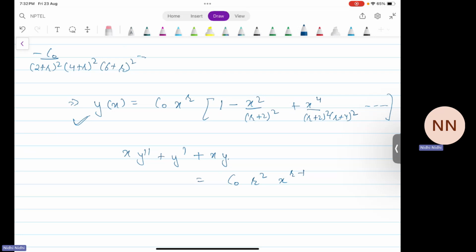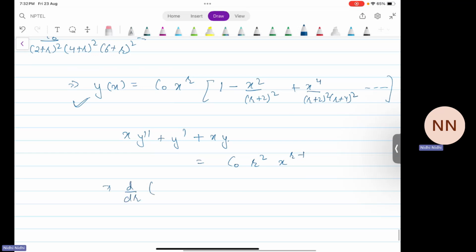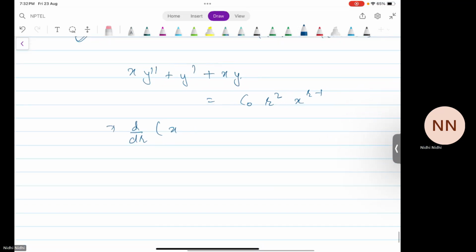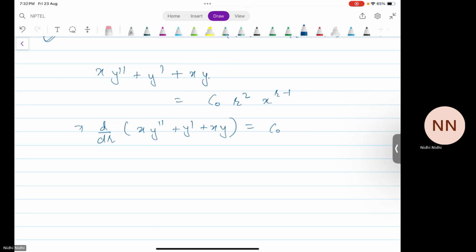Now differentiating with respect to r, we will get d by dr of x y double dash plus y dash plus x y is equal to c naught d by dr of r square x to the power r minus 1.